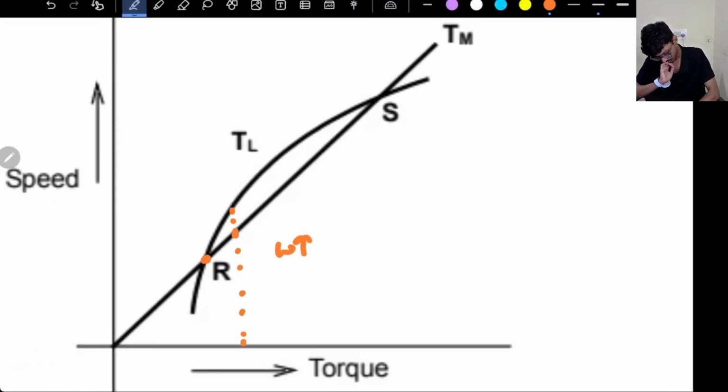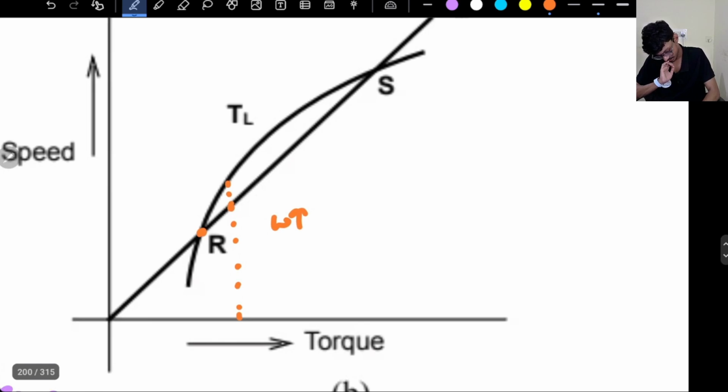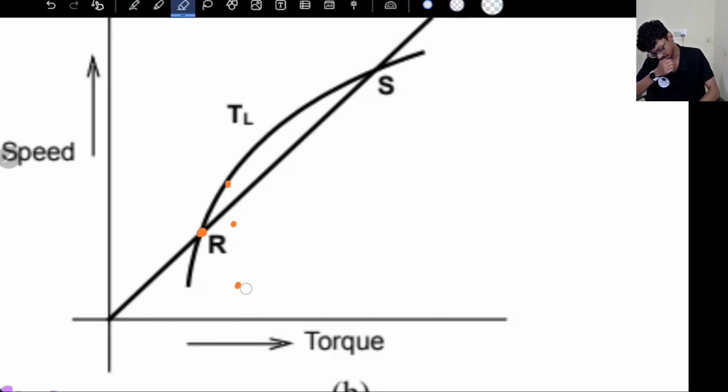It seems like the load torque is almost the same. Am I doing it correctly? If I increase the speed slightly, from R to this point, what is happening? Then I'm increasing the speed here.